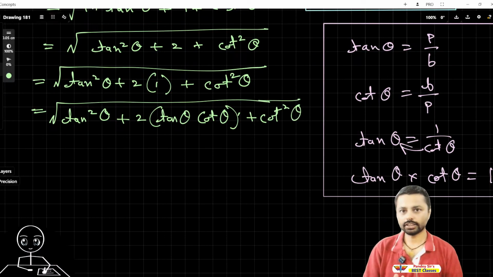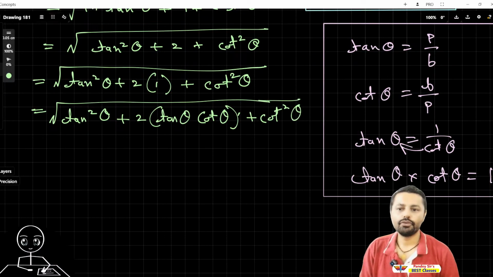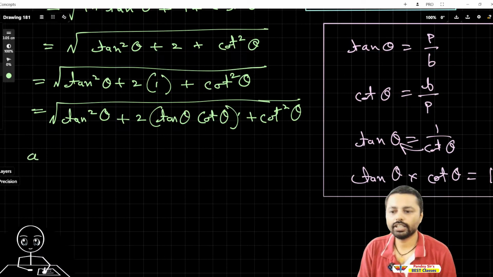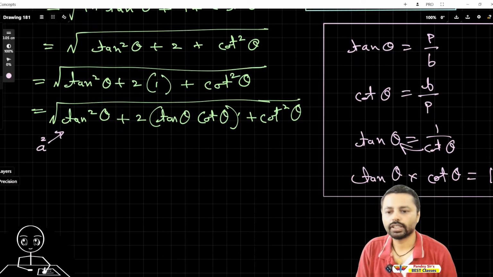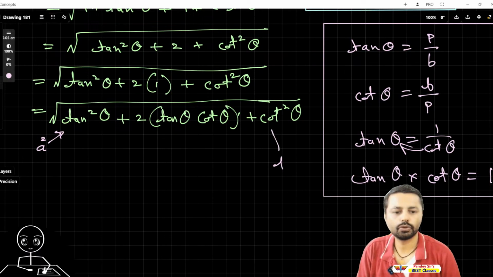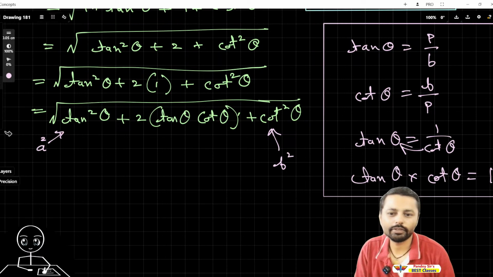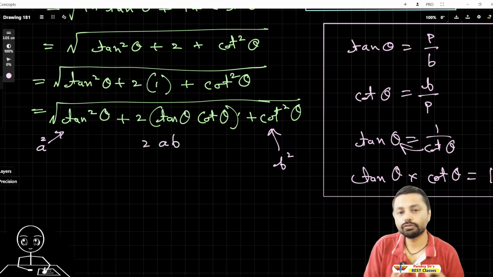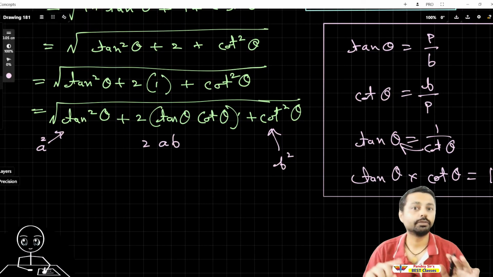Is it clear? Now if you say A equal to tan theta, it will become A square. If you say B equal to cot theta, B square. Don't you think it looks like 2AB? Remember which formula applies to it? A plus B whole square.